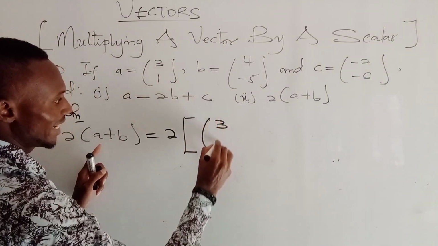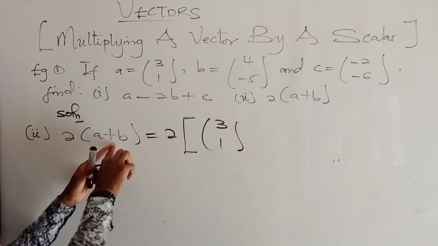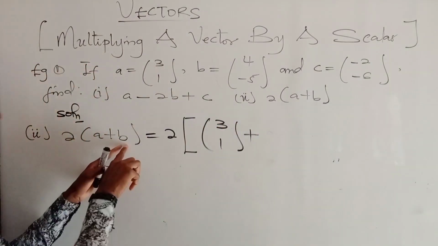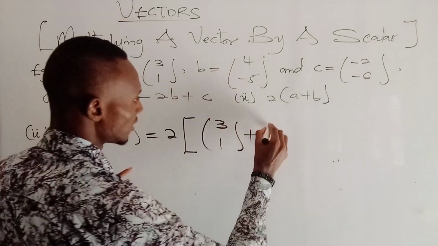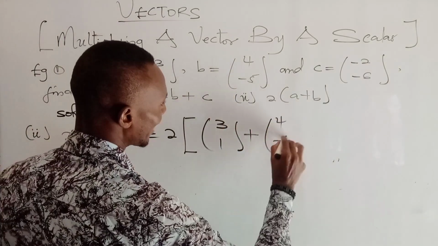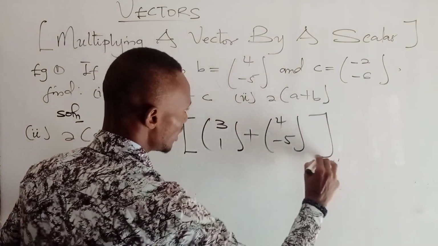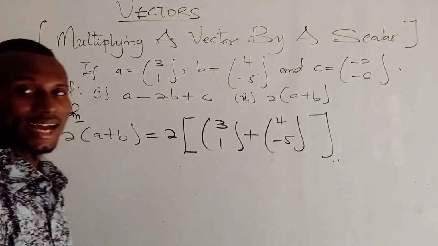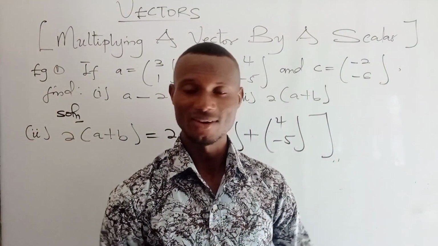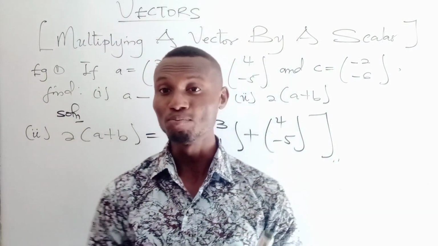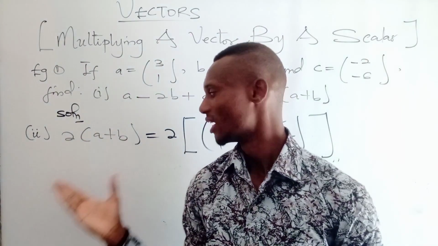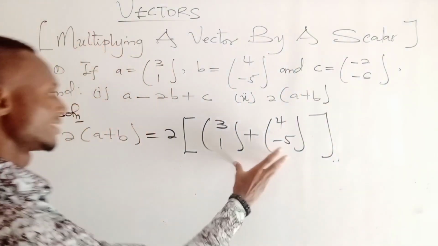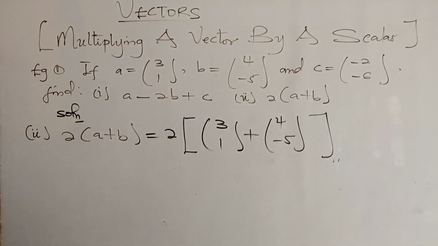So the vector a is 3, 1. Then bring your plus, plus the b. The b is given to be 4, minus 5. Then you close your bracket. I hope you understand. All that we did is input the values given. And we are going to handle what is in the bracket first. So let's do exactly that.